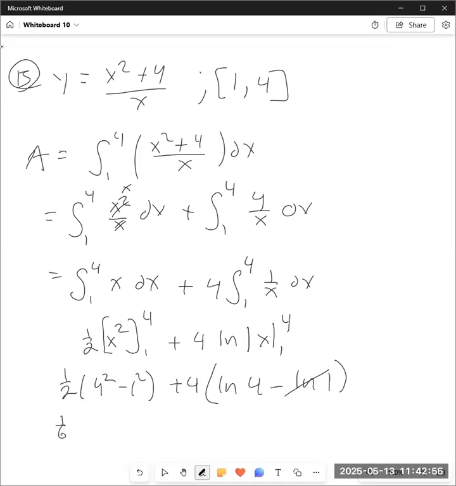This is 1/2 of 16 minus 1 plus 4 ln of 2 squared. So that is, let's see, 15 over 2 plus 2 times 4, which is 8 ln of 2. And that's my exact answer. I can get a decimal approximation for that if I would like to.